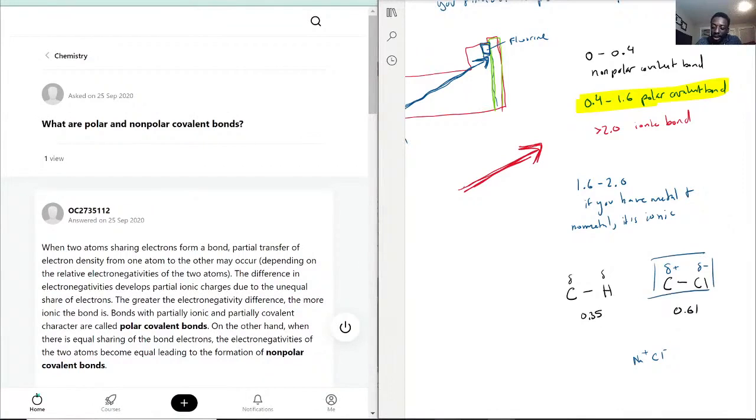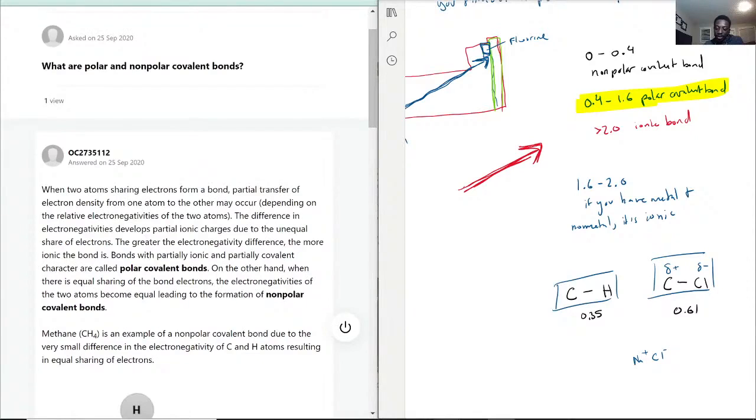And for this one, we wouldn't have that, because there's no real polarity between C and H. As I mentioned here, the difference in electronegativity develops partial ionic charges due to an unequal sharing of electrons. Point being, the greater the electronegativity difference, the more polar it is, not the more ionic it is.